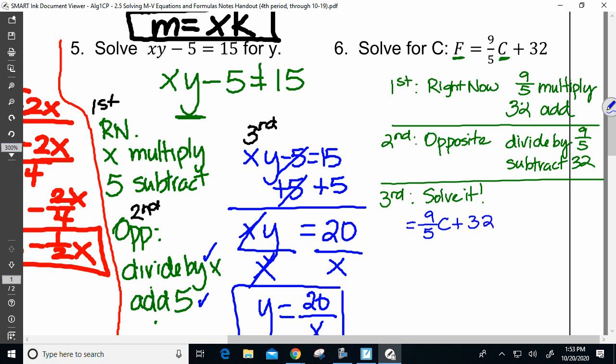So when we solve an equation, what comes first? Dividing or subtracting? Subtraction. Subtract 32 on both sides.